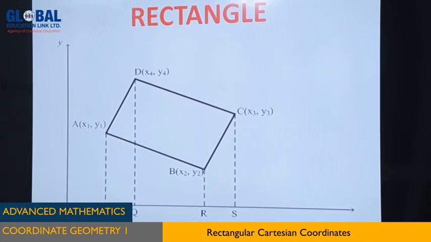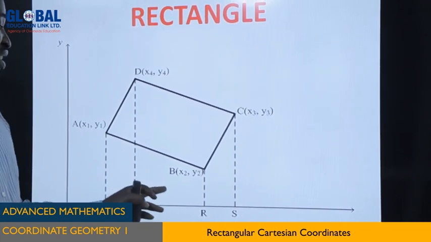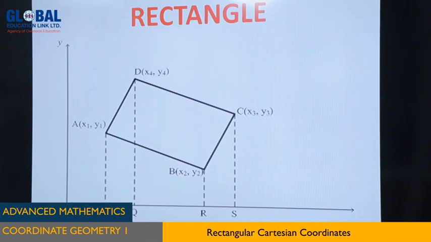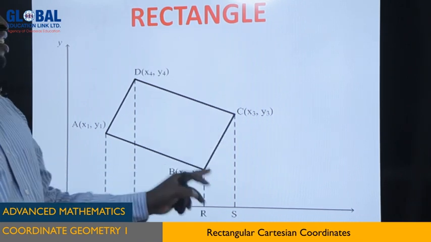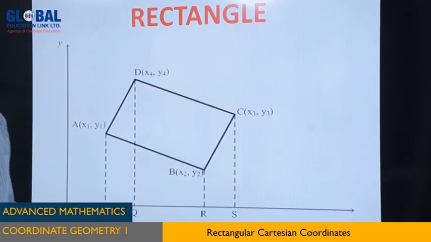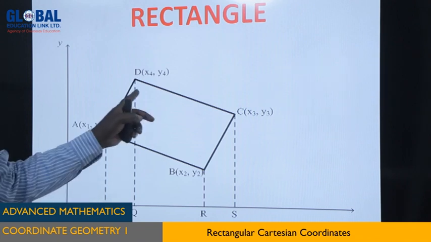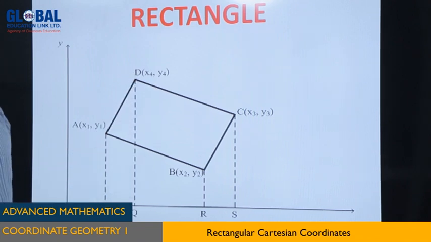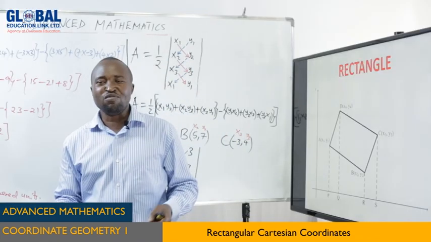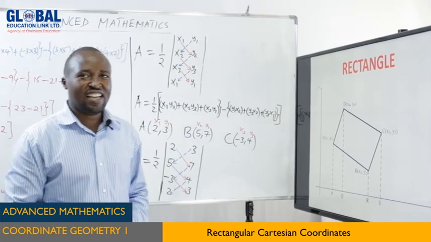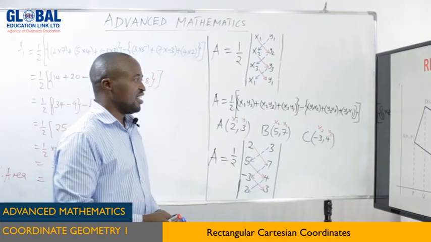The second coordinate, that is B, x2, y2. The third coordinate, that is C, x3, y3. And the last coordinate, that is D, x4, y4. Even that one is possible to find its area. And it is very simple.